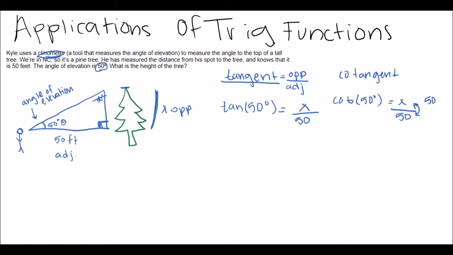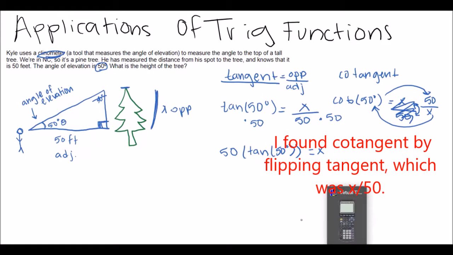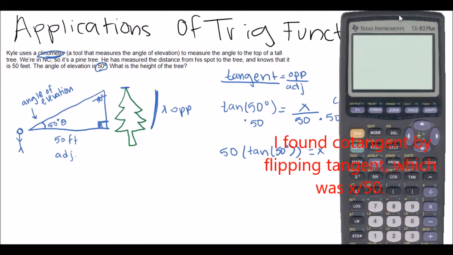So it would have been 50 over x. If you do this, you're going to have to multiply x and then divide by cotangent of 50. But if you do tangent of 50, all you're doing to isolate the x is multiplying by 50 on each side. So you end up with 50 tangent of 50 degrees equals x. So we can just go ahead and plug that into our calculator.